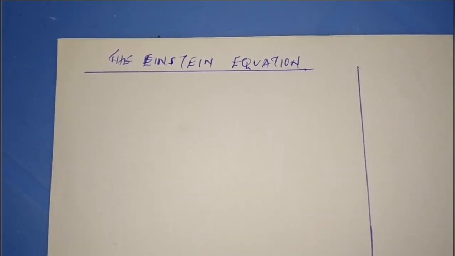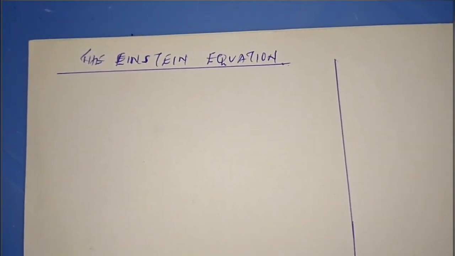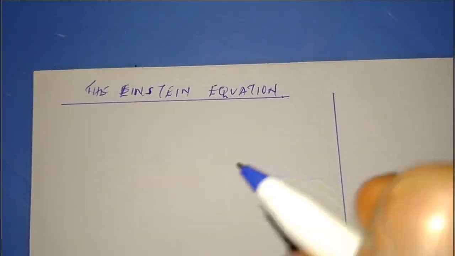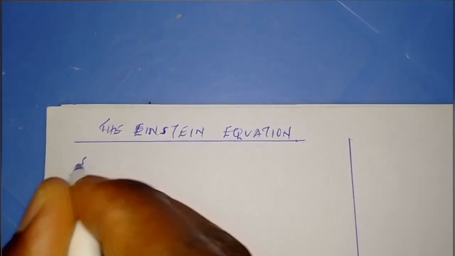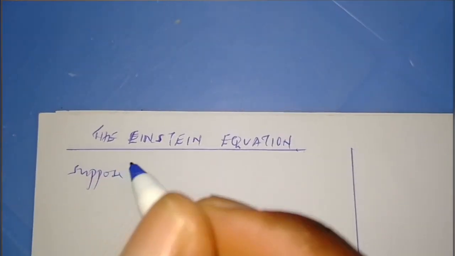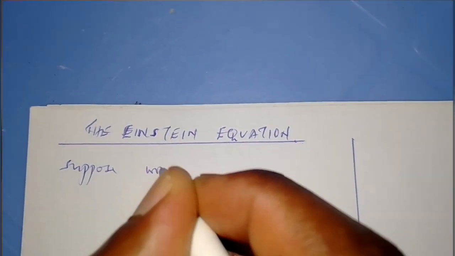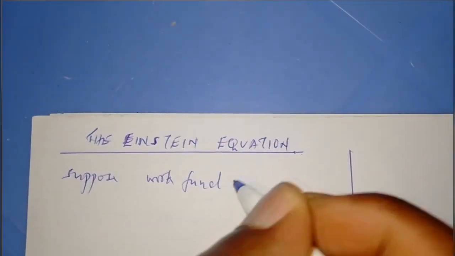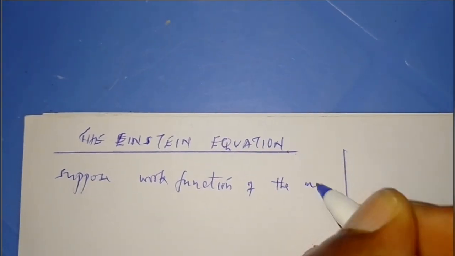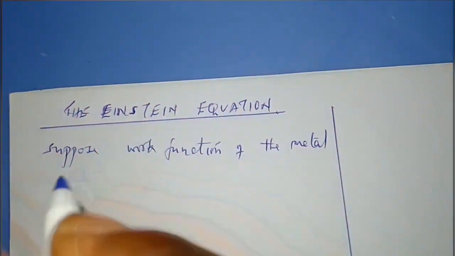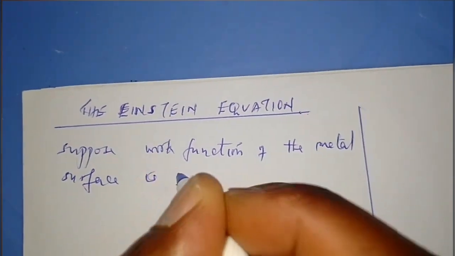Einstein's equation gives the energy of the electrons emitted during the photoelectric effect. It is derived as follows. Suppose the work function of a metal surface is W naught.